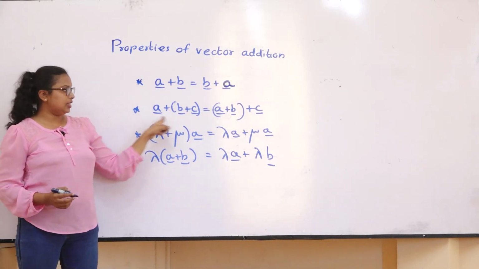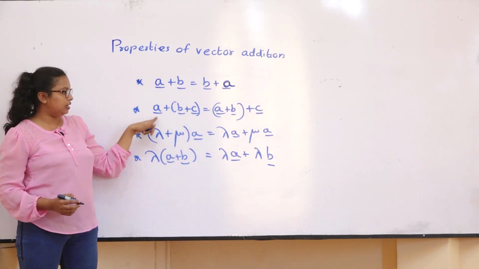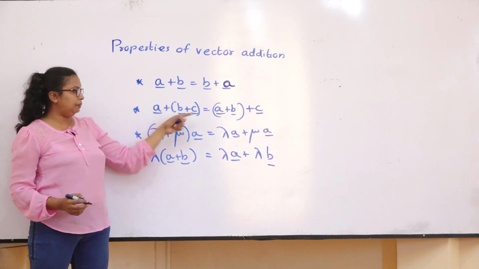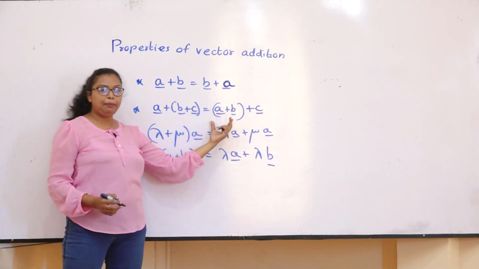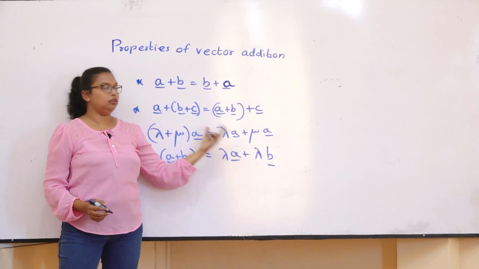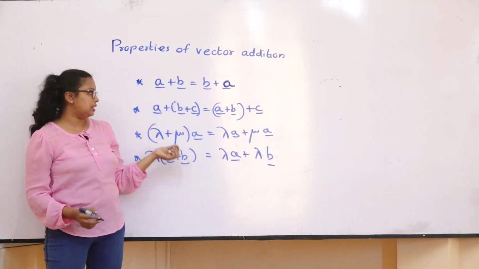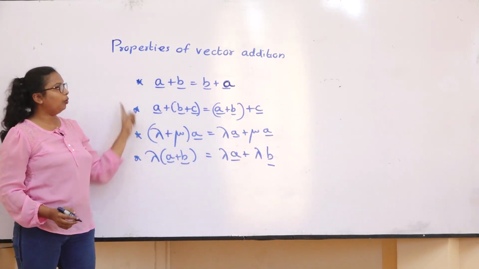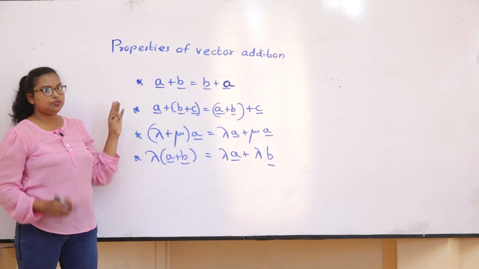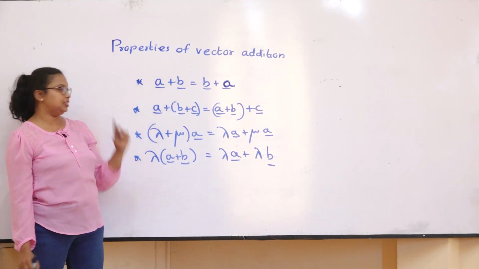Then this is associativity. There also you can understand that (A plus B) plus C is equal to A plus (B plus C). So, simple things you can understand. That means there is no issue in doing these calculations when you are doing vector addition.